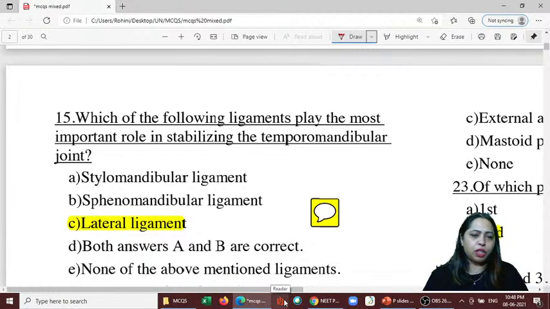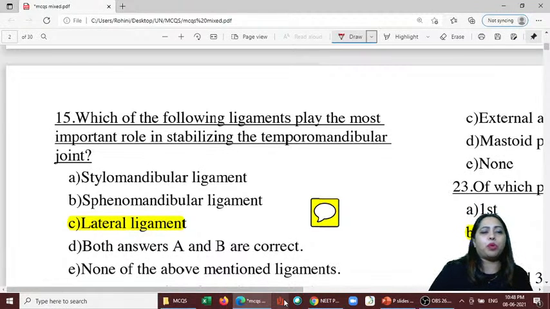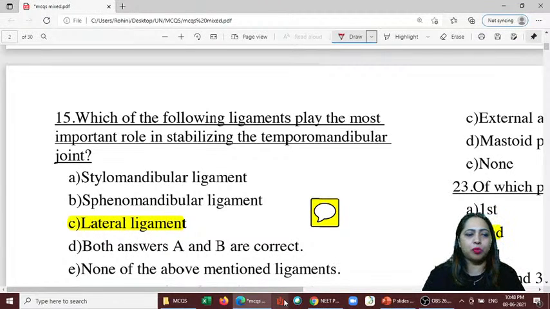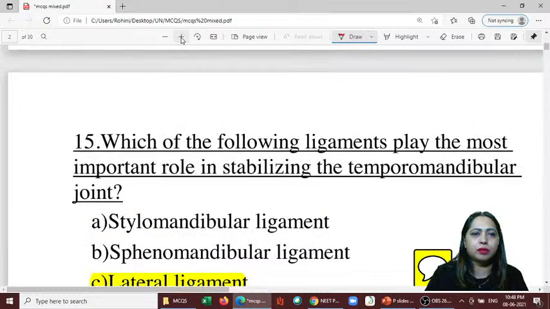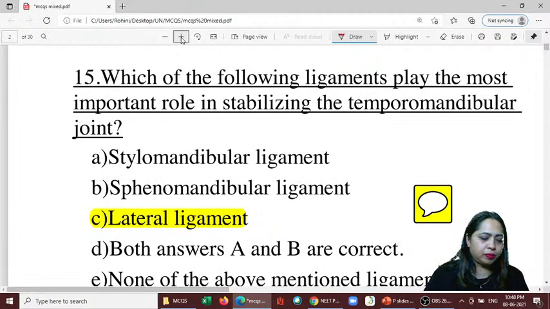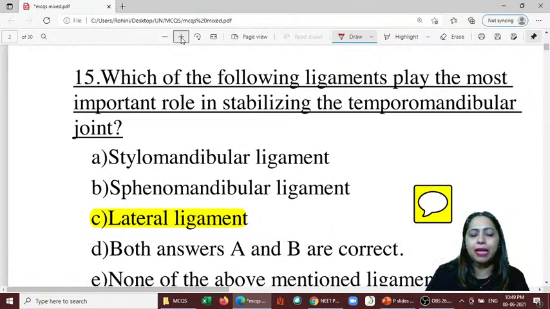Fifteenth question. Which of the following ligaments plays the most important role in stabilizing the temporomandibular joint?